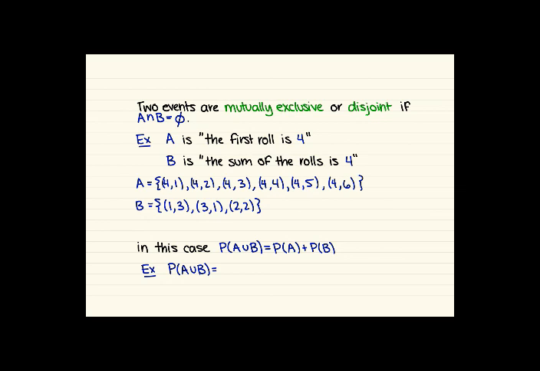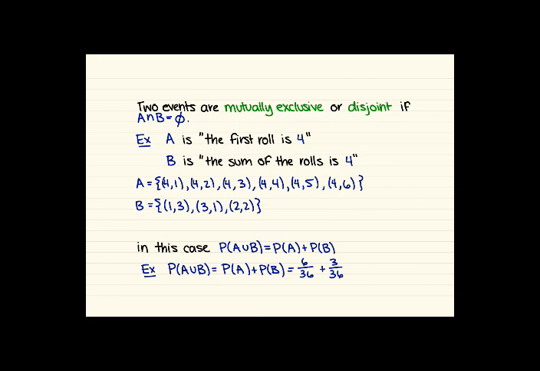So if we're looking at the union of these two, we'd do P of A plus P of B. So the probability of A happening, that's 6 out of 36, plus the probability of B happening is 3 out of 36. You need to be careful that you're not doing this in general.